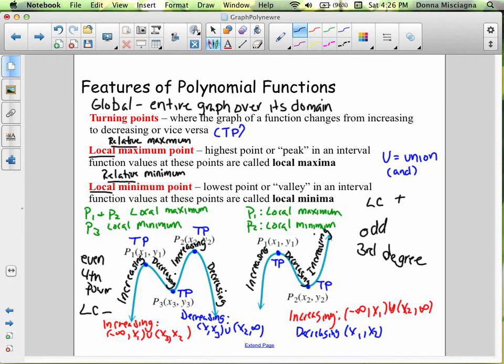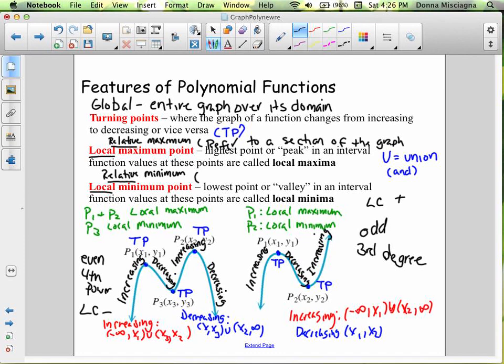If we say relative or local, right, it's going to refer to a section of the graph. Right?